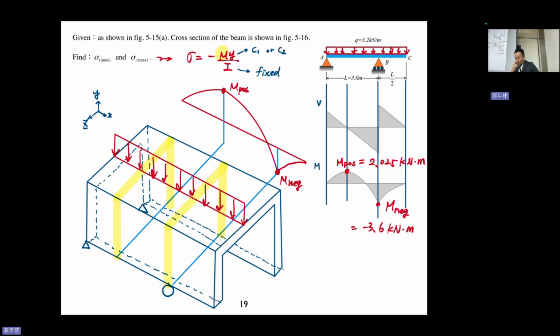Okay, good. Can you understand what I'm drawing? I'm drawing a three-dimensional figure. Although it looks like a material with a rectangle, actually it's a cap.